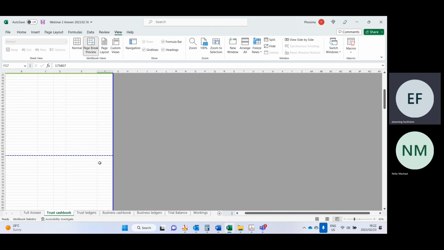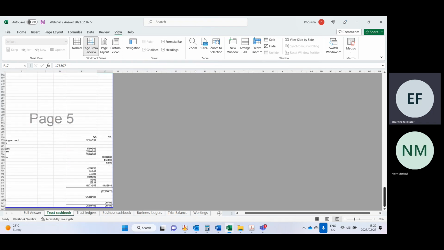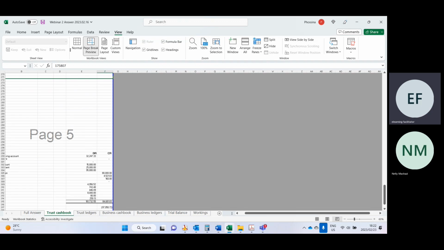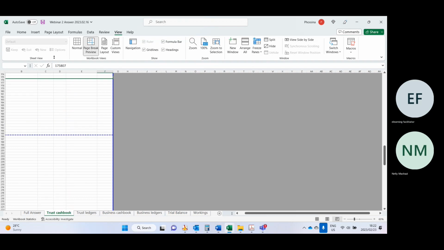Then you can see it is going to produce 5 pages, which we don't need. So you can drag the blue line up to the point that you want.